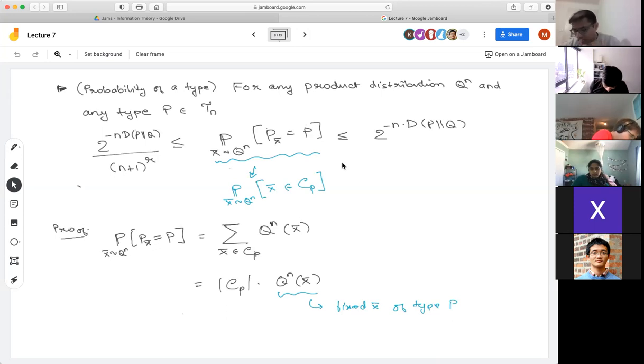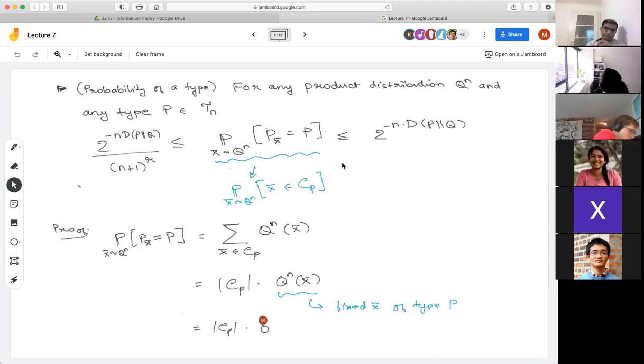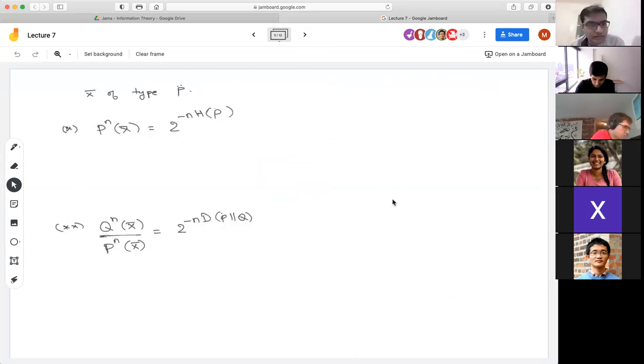Because the size of the type class is also related to the entropy, it will be convenient to do this computation by computing the probability according to P, and the ratio of the probabilities according to Q and according to P, of a fixed sequence X bar which is of type P. Okay, let's do this computation.